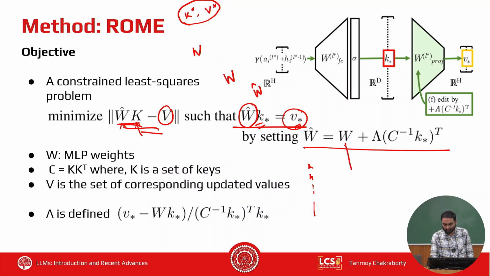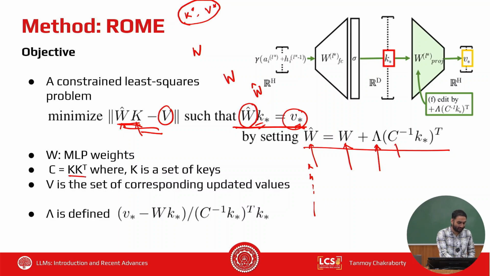W is the original MLP layer parameters. W hat is the modified MLP layer parameter. This is lambda. What is this lambda? This lambda is the Lagrange multiplier. Look at this, this is a constrained optimization problem, so you have to use the Lagrange multiplier.